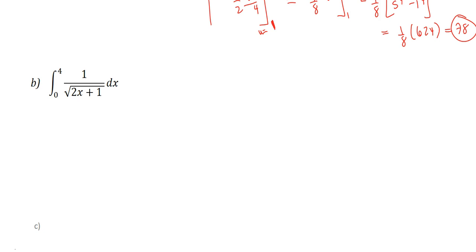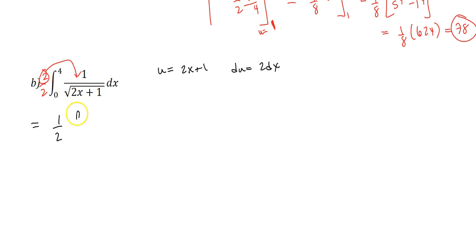So I've got the integral from 0 to 4 of 1 over the square root of 2x plus 1. So I'd let u equal 2x plus 1, which means du is going to be 2 dx. So I need the 2 over 2 here, and I'm going to bring that in.